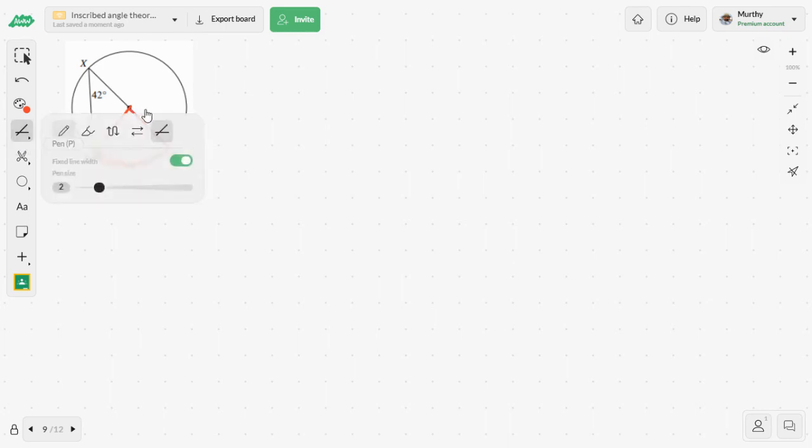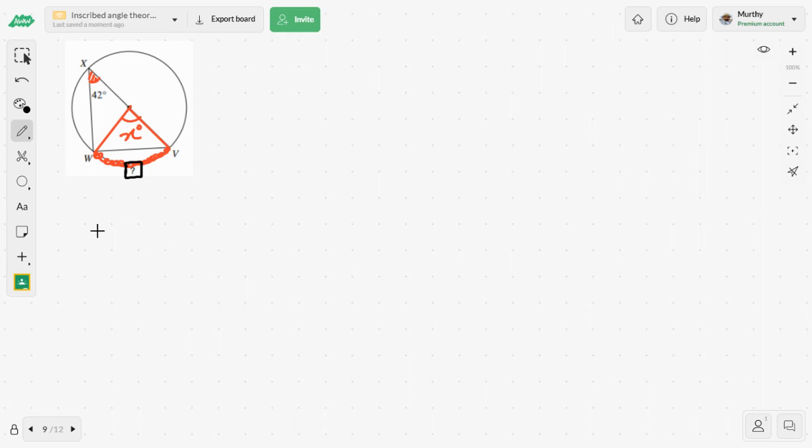Here the inscribed angle is given as 42 degrees and the central angle is missing. You may take it as x. So far we discussed many questions, and I'm sure you can figure it out. What's the value of the central angle? That is equal to the length of the intercepted arc.